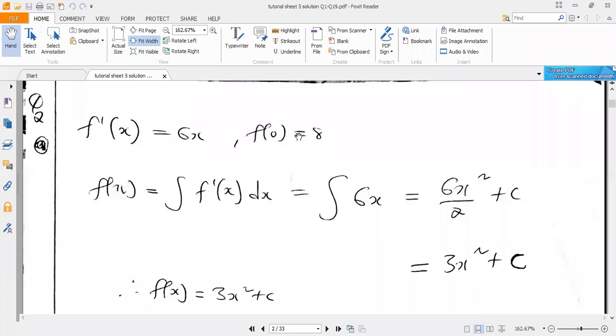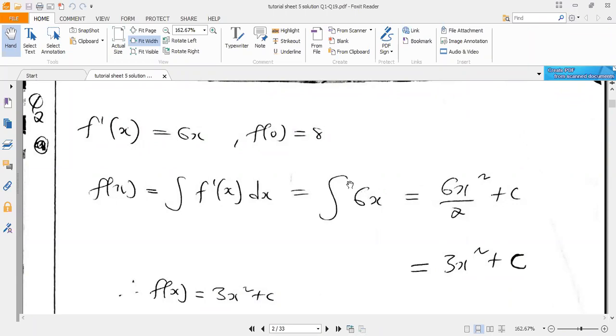So now we have this f prime of x to be equal to 6x. So f of x is equal to the integral of f prime of x dx, but the f prime of x is actually 6x. So the integral of 6x, you can add the dx there. I think we forgot to add the dx.